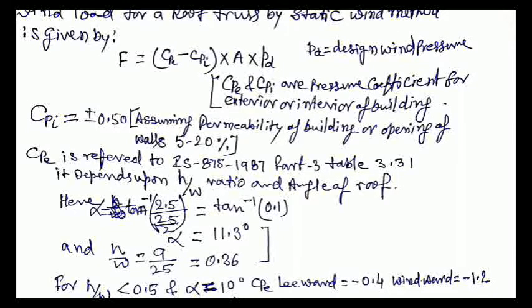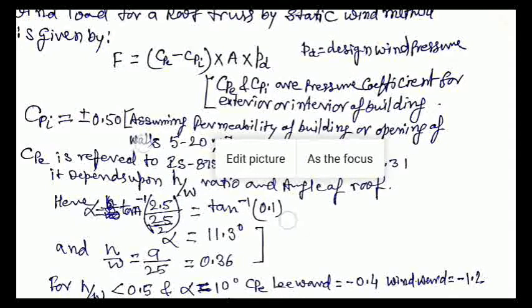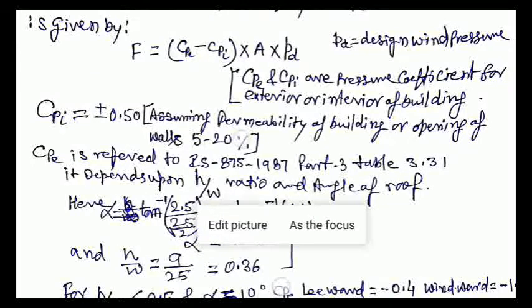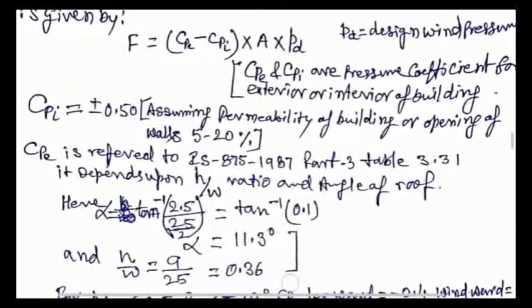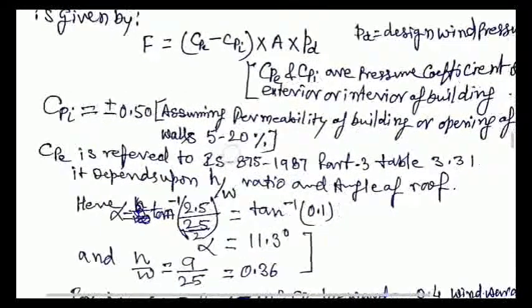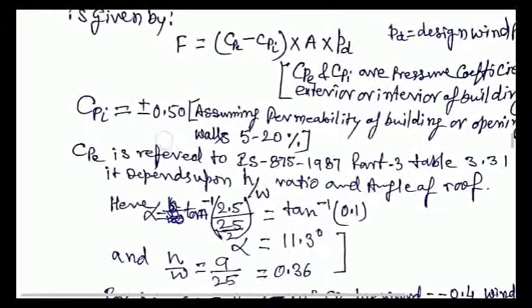Okay, so we will take CPI equal to plus minus 0.50, assuming the permeability of building or opening of the walls, keeping in between 5 to 20. Okay, so the permeability or opening of the walls should be 5 to 20%. Then CPI will be plus minus 0.5.